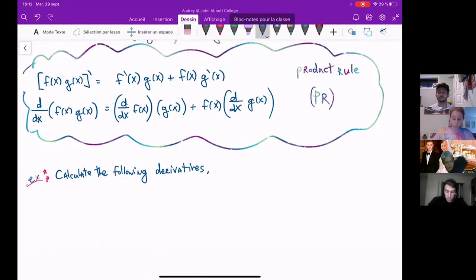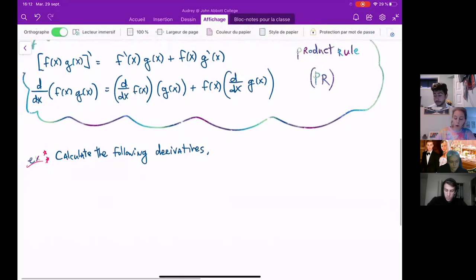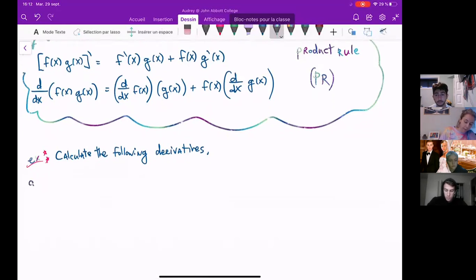Okay, so we're going to start with a question that we did yesterday, and I'm going to do it in 2 different ways. So yesterday we did the derivative of f of x is equal to x times the square root of x.